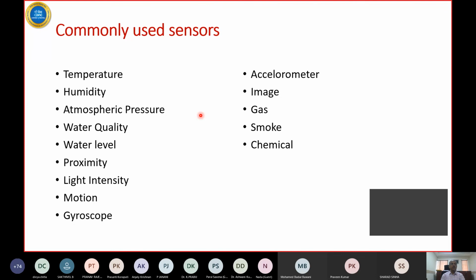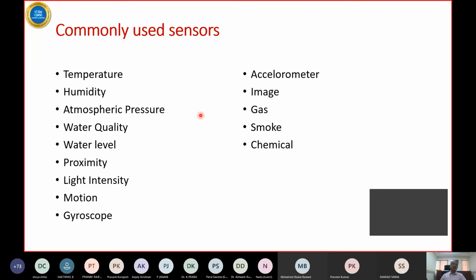How much its intensity should be can be decided by the ambient light. Motion and gyroscope, these are used in moving equipment to know the tilt and a few more things, in a car, to know whether there is a sudden jerk. That is also done by the accelerometer.